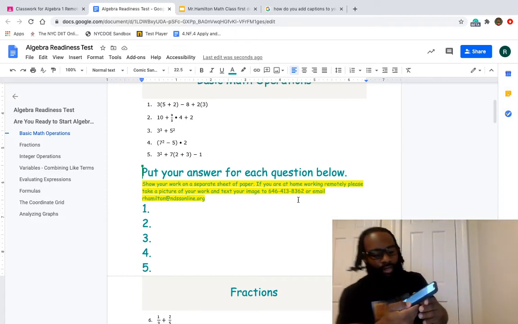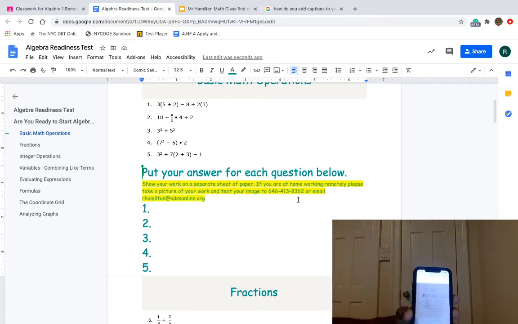Then I'm going to press here, or whenever you're done, message, and I text it to 646-413-8362. 8362, you see that? And just send it.